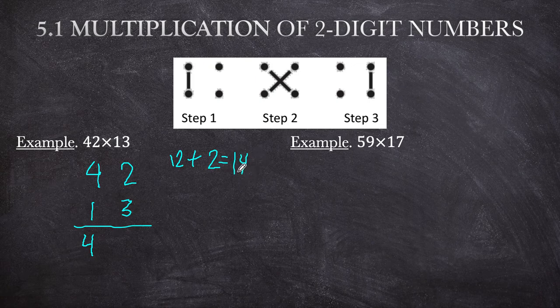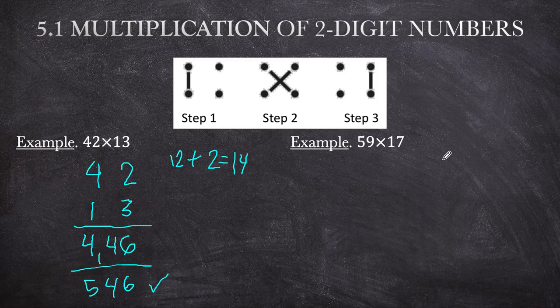Since it's a two-digit number and we only have one place here, we're going to do it like this, 1 and 4. That is, we're going to carry this 1 to the hundreds place, and then 2 times 3 is 6. So after carrying this, what we have is 5, 4, 6.